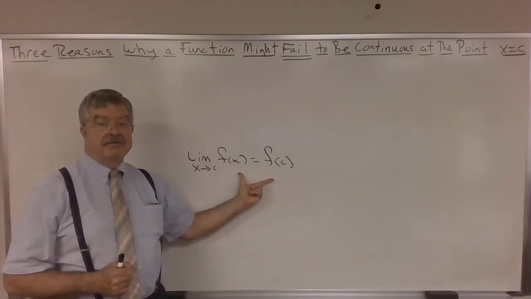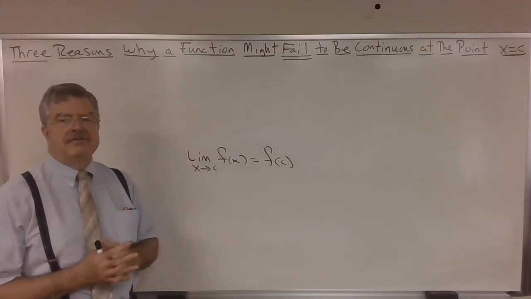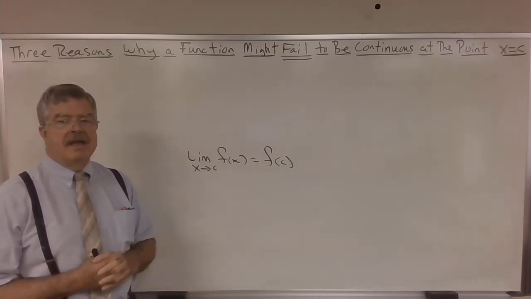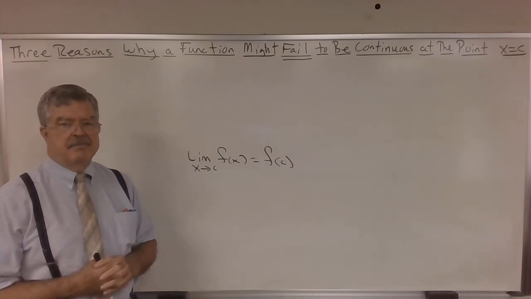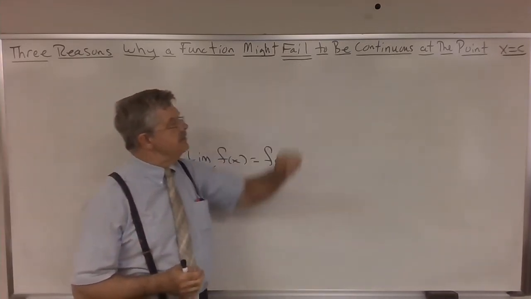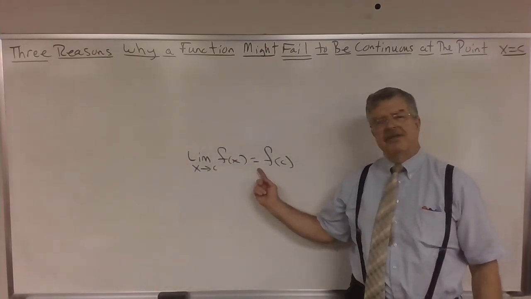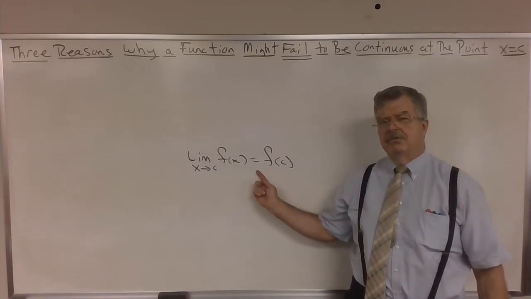And if this condition holds, then the function is continuous at the point x equals c. So if the function fails to be continuous at the point x equals c, that means that this equation doesn't hold.